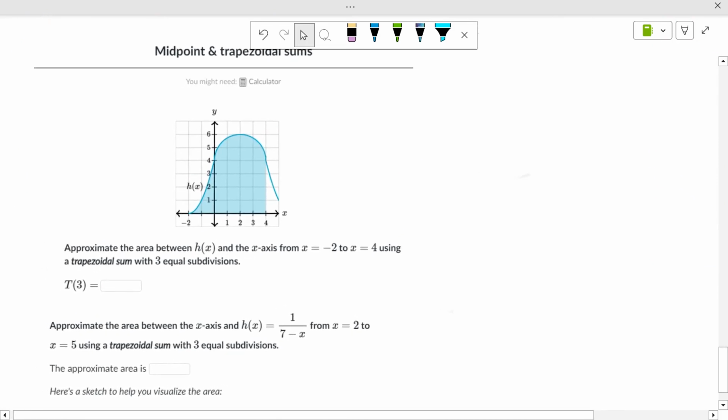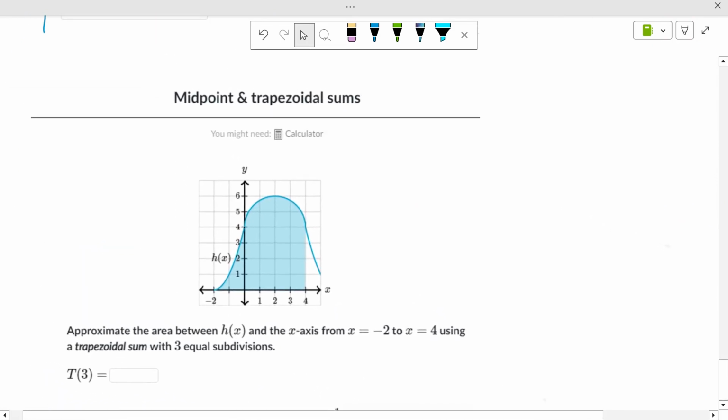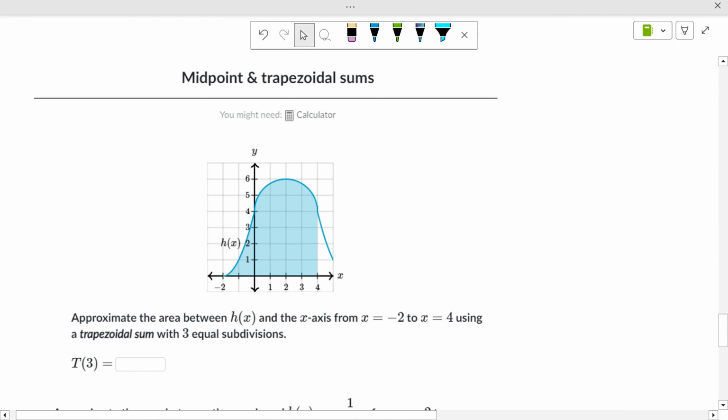Midpoint and trapezoidal sums. Okay. Here it wants a trapezoidal sum with 3 equal subdivisions. Okay. So a trapezoidal sum goes to each endpoint. So if we're 3 equal subdivisions and we're 6 wide, we go 2 wide each. So we want a trapezoid from here to here.